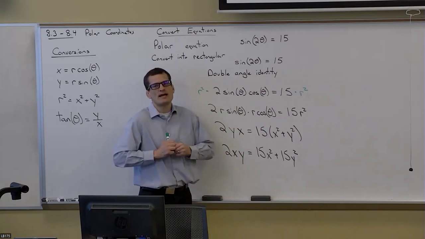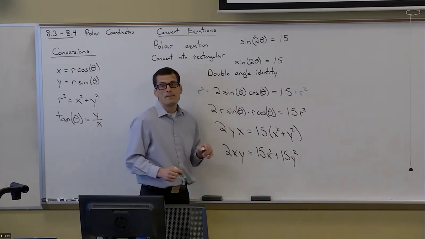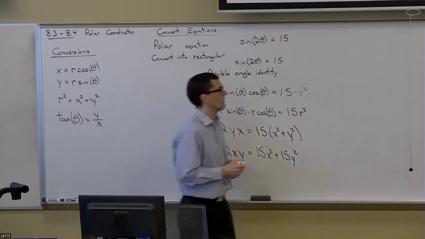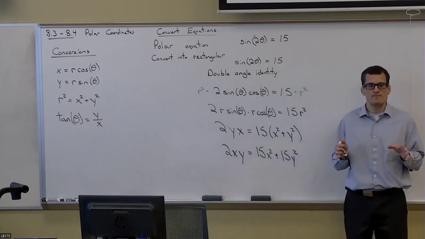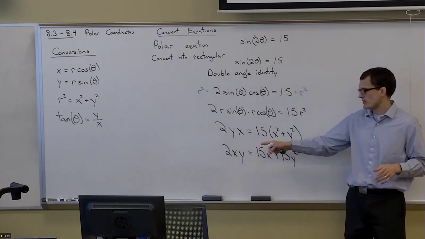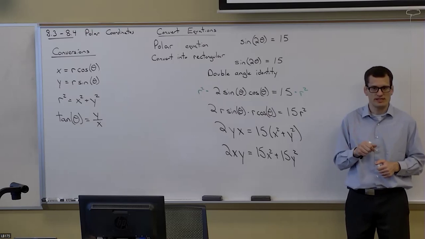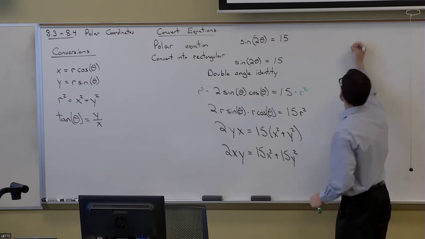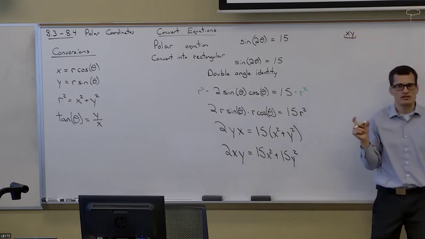By the way, when you're typing your answer, typing things in like this is fine. But I do want to mention that whenever you multiply a variable times another variable, make sure you put a multiplication symbol in between. Because if you put in xy, it thinks you're treating that like a word.